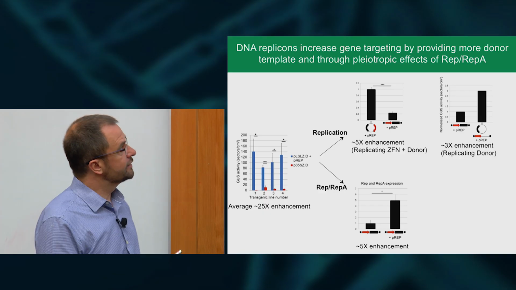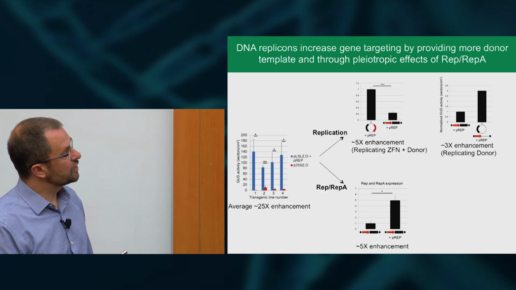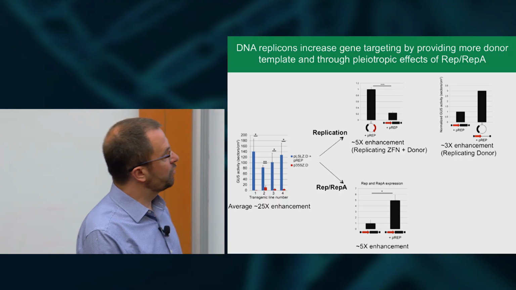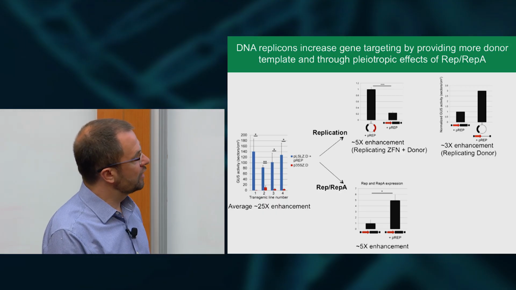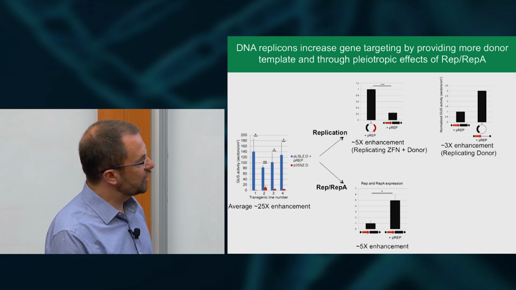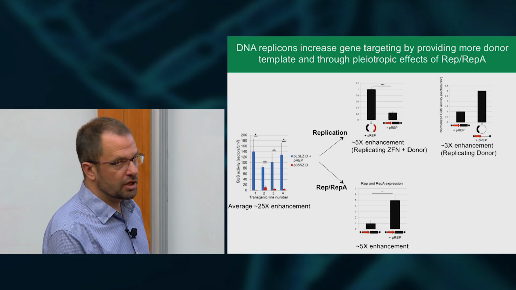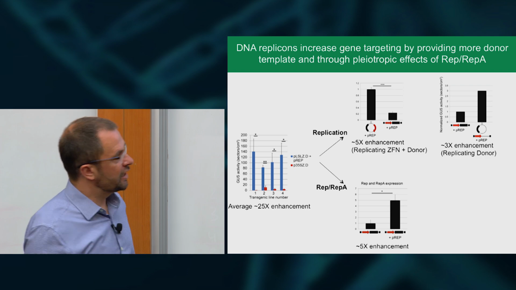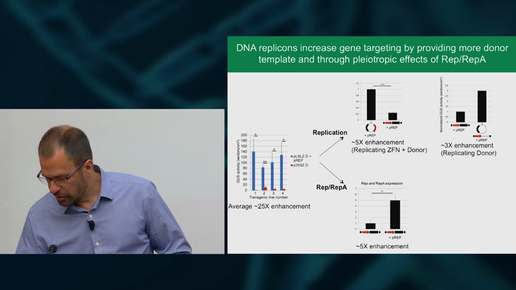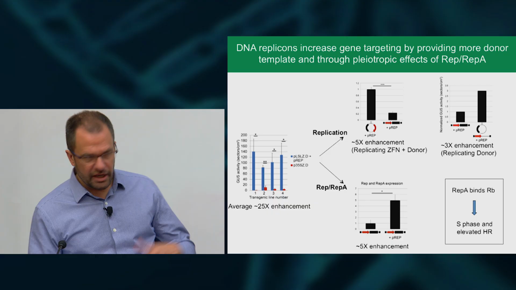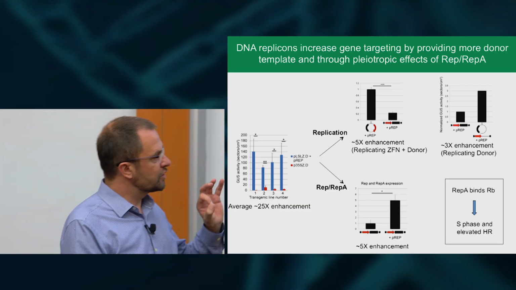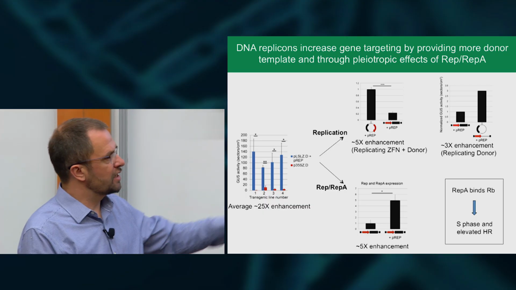And what we observed also was that the replicase itself has a big impact, fivefold as well. So here's standard tDNA plus the replicase, no replicon, no amplification of anything really, and we see this big enhancement. What we know about the replicase is that in this cell it binds to retinoblastoma and pushes the cells into S phase.